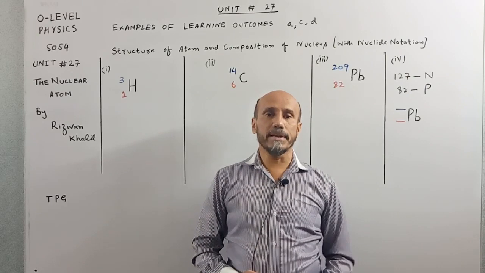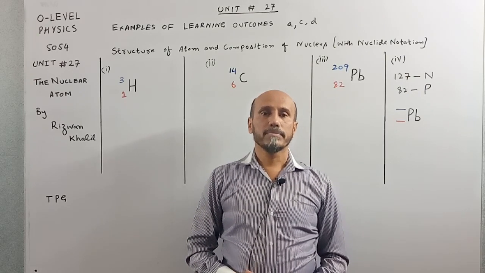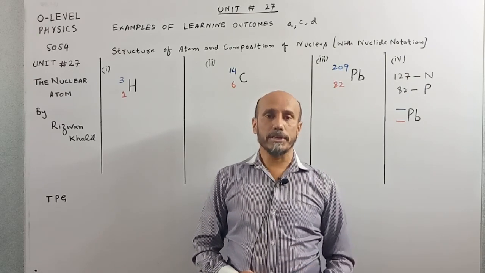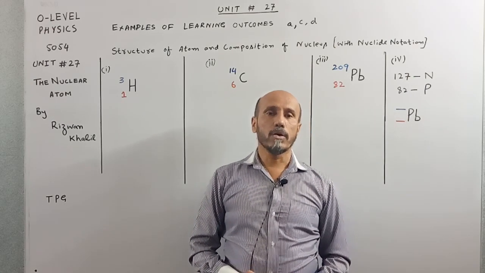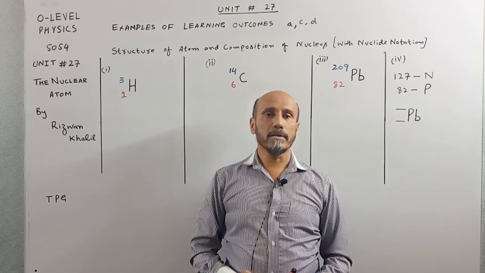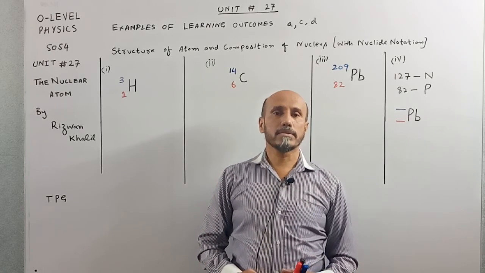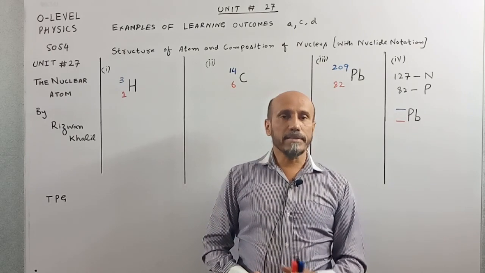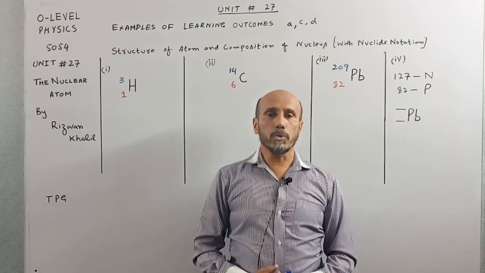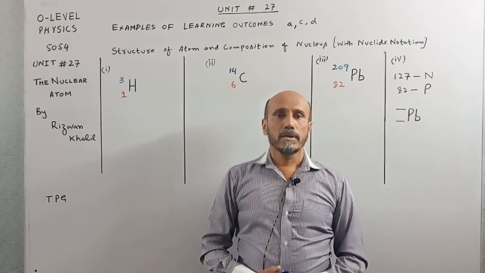And then we have studied another learning outcome, that is nuclide notation, in which we are supposed to represent an element with its atomic number and its nucleon number. Regarding that, we have studied two different definitions.